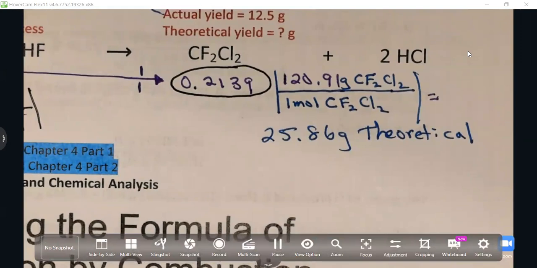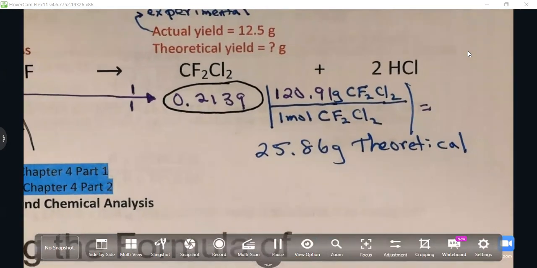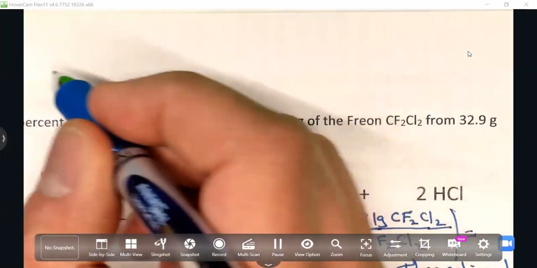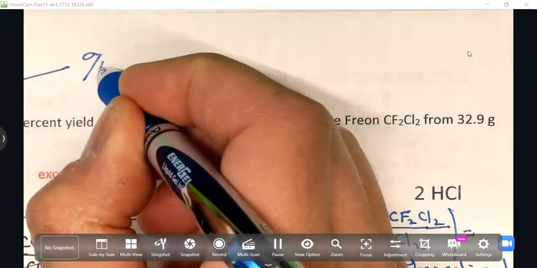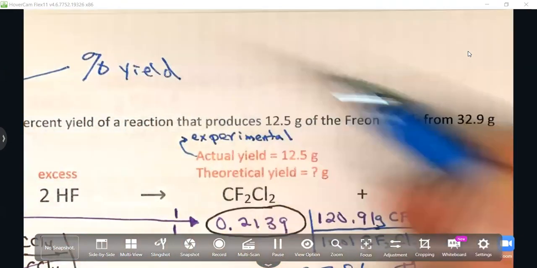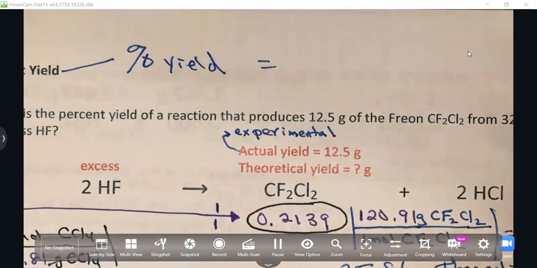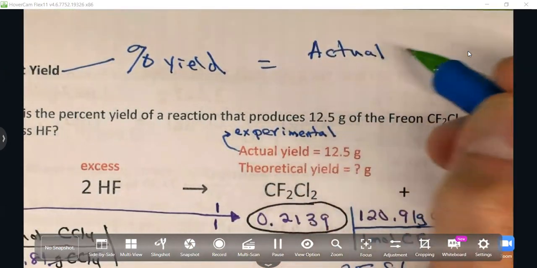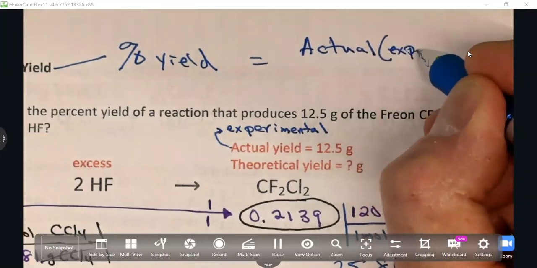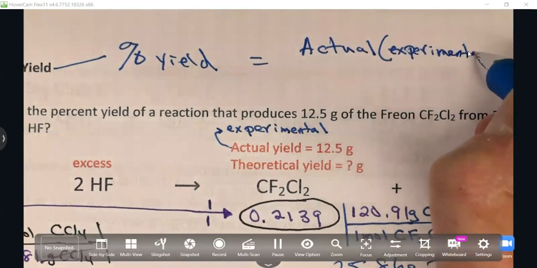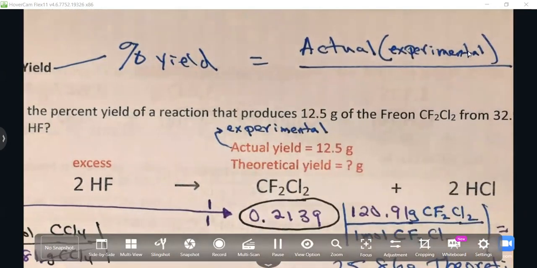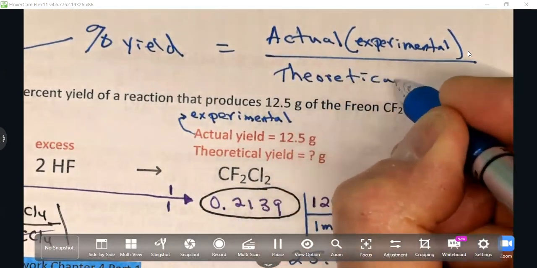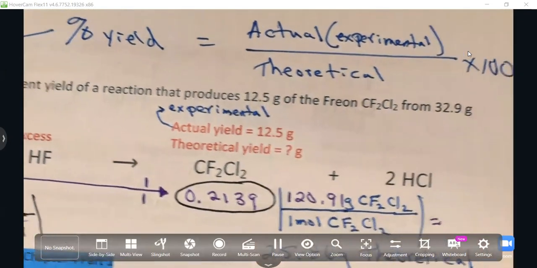All right, so now we need a percent yield. And you probably can figure out what it is, but I'll put it up here. Percent yield is going to be actual in the numerator, or experimental, or lab results, divided by theoretical, and then multiply that by 100, add your percent sign on there.